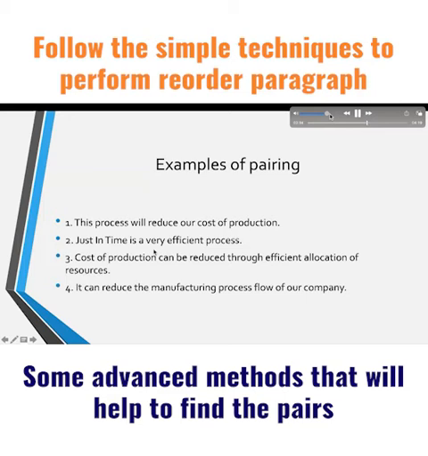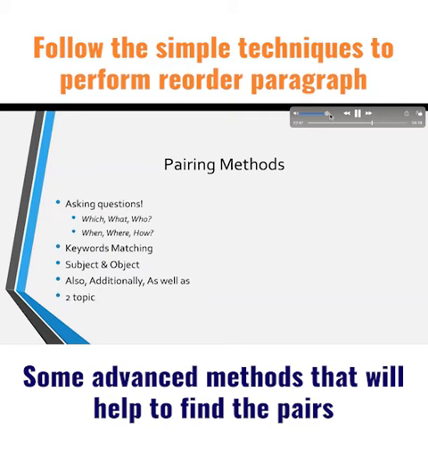Because whenever I have those keywords, chances are that the sentences with those keywords are going to be close to each other. And for me to figure out which sentences come first, which sentences come second, I need to look at the subject and object. So I need to see which one is the subject amongst those sentences and which one is the object among those sentences.